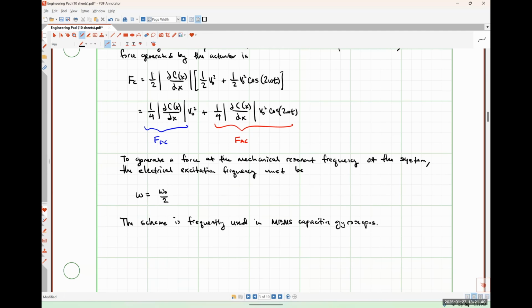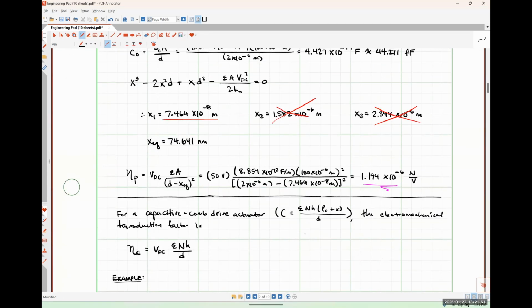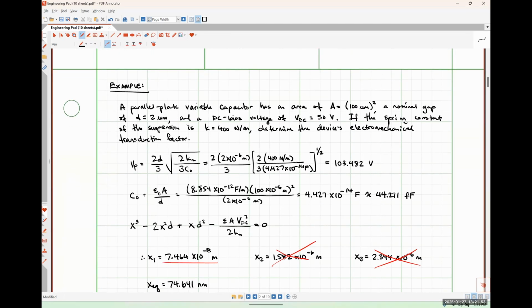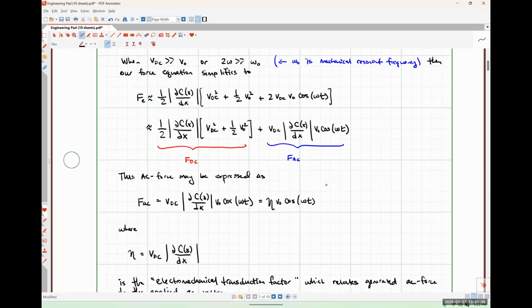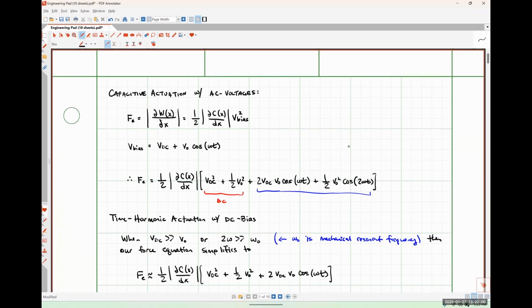Or why this would be used as opposed to having a DC offset, as that would be a better thing to do, right? So we saw, let me scroll back here really quickly, going back to the very beginning-ish.